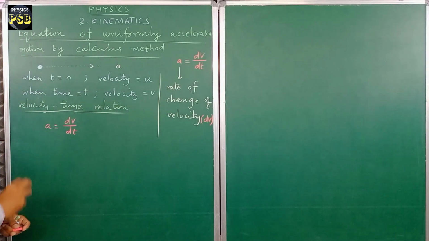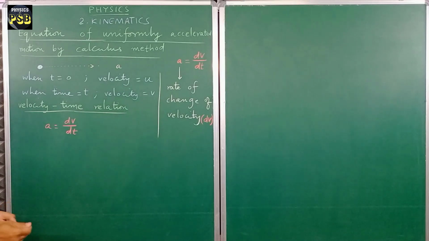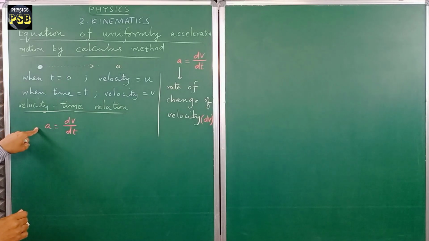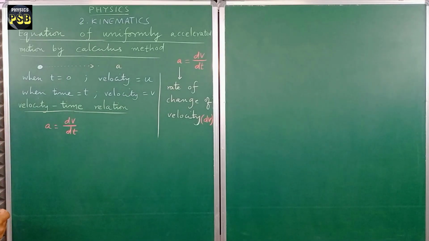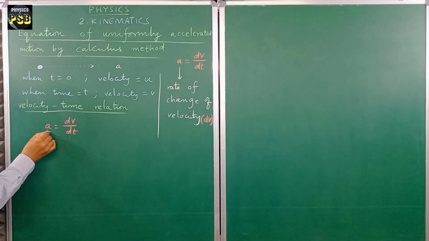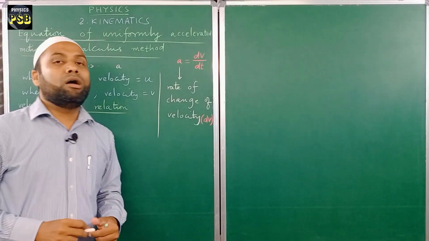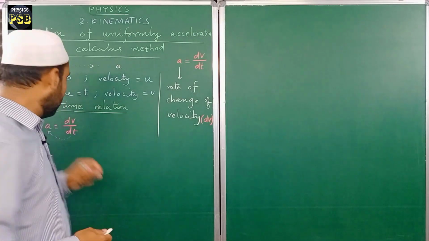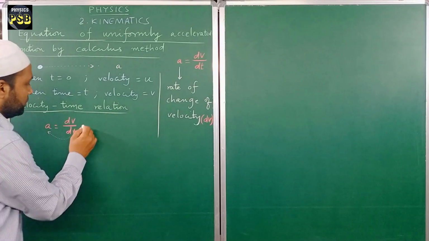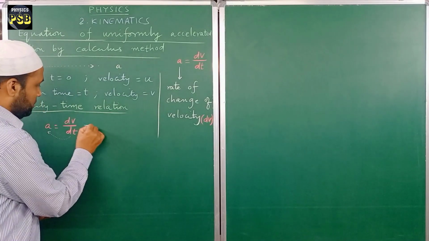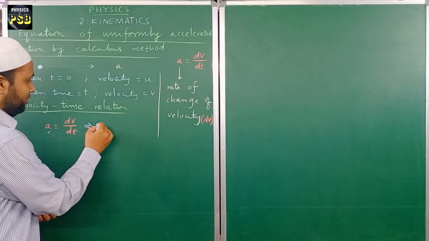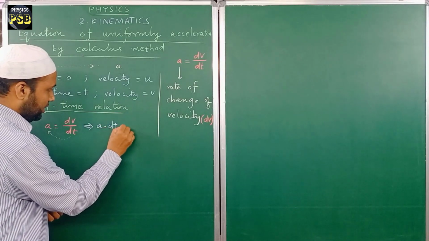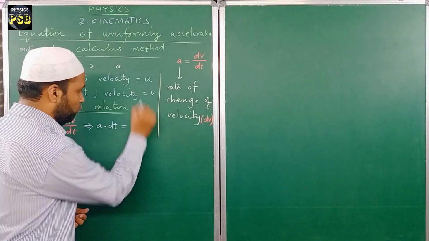Now I'm going to make certain changes to this equation. I'm going to take dt, which is present in the denominator, to the left hand side of this equation. If I do so, the term which is dividing will multiply with the term present on the other side. So dt will multiply with a, and you get the equation a dt equal to dv.